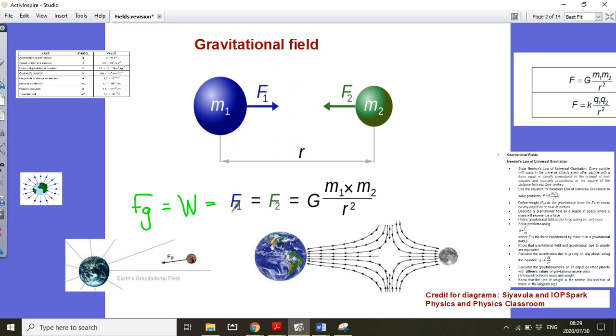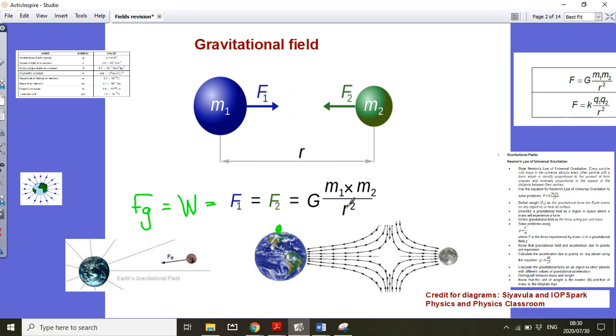You even get that on your information sheet. So Fg is the weight if you are on Earth, because if I am sitting here on top of the Earth, the Earth is attracting me, and this gravitational force is the force between the two of us. So please remember that if they're asking for the weight, they are actually asking for the gravitational force. So don't think you've got missing information here.